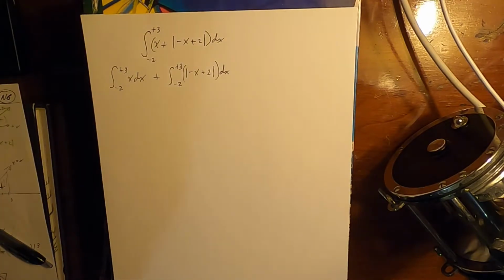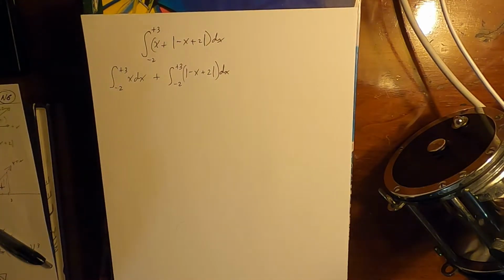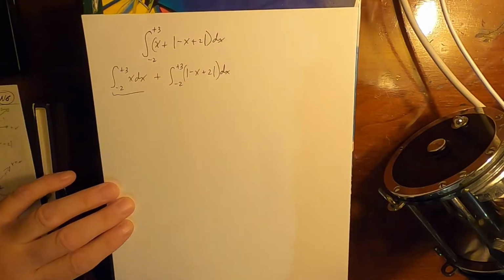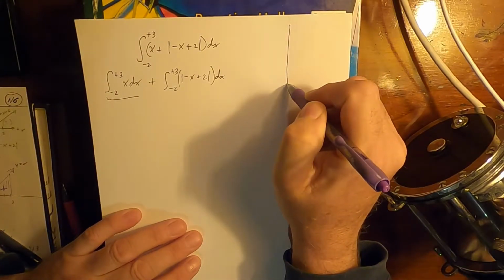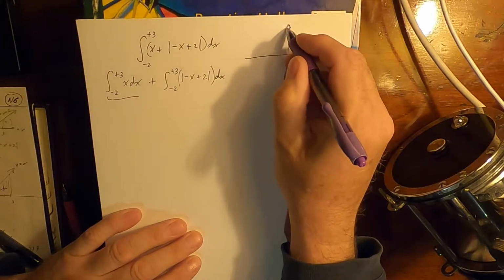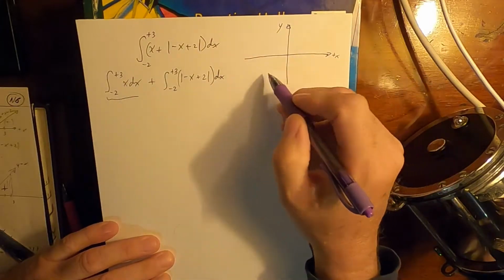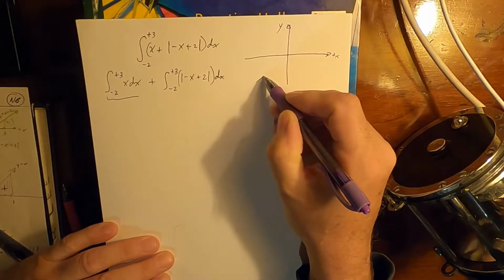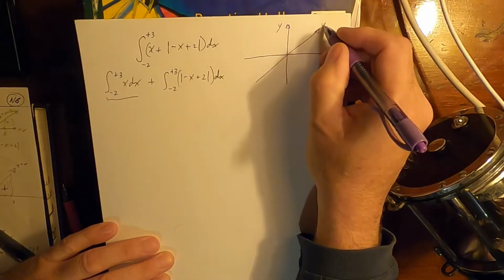The first function I'm going to look at is this guy here, the x. When I draw my xy plane, with positive x and positive y, this y equals x function is just going to come right through the origin, and there it is, y equals x.